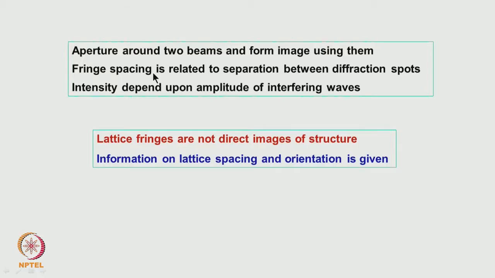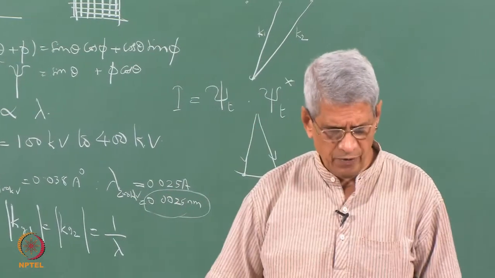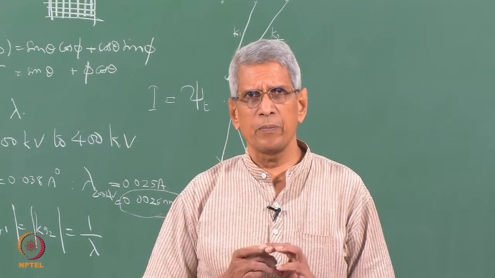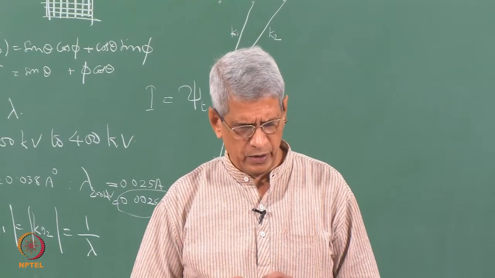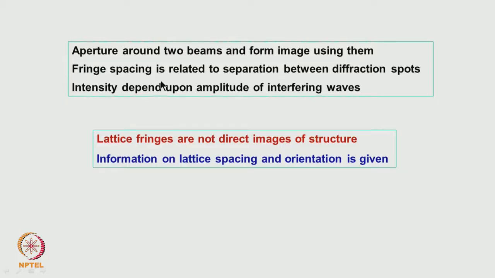Okay. So, what are the conclusions which we could make out from what we have covered so far? One, we place an aperture around a few beams and form an image using them. The fringe spacing is related to the separation between the diffraction spots. That is what the expression clearly shows.